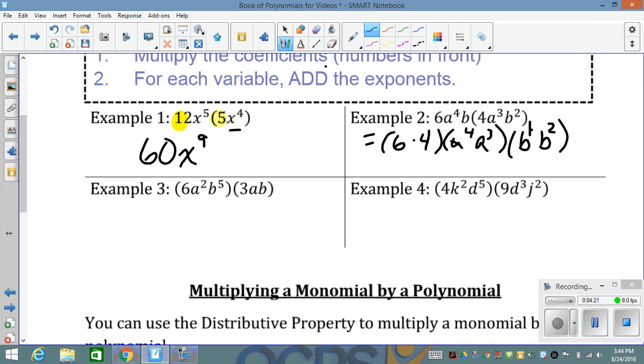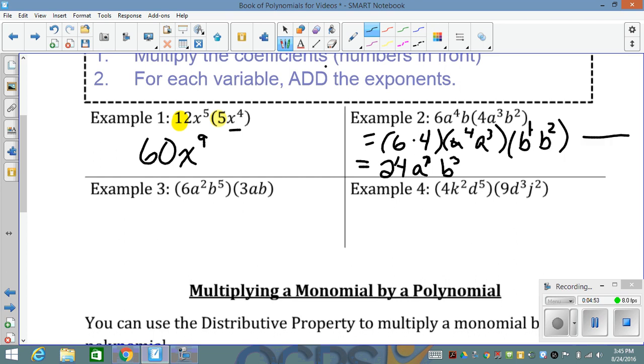So when there's no exponent, it's understood to be a 1. So 6 times 4 is 24. And then a to the 4th times a cubed. That is a to the 7th. When you multiply with like bases, the a's are the same, the bases are the same. You add the exponents. That's a 7. Then for the b's, b to the 1st times b squared is b cubed. Okay, so 24a to the 7th, b cubed.